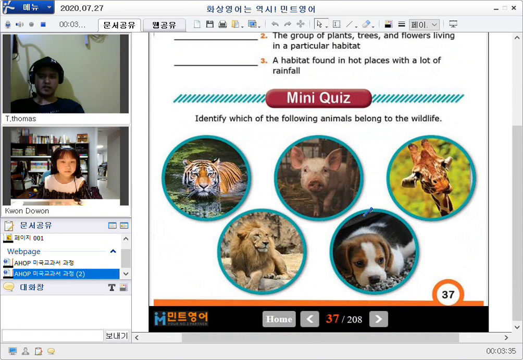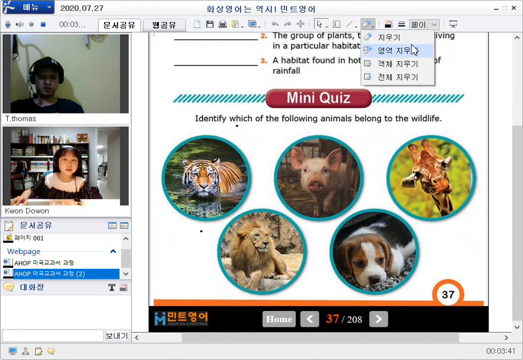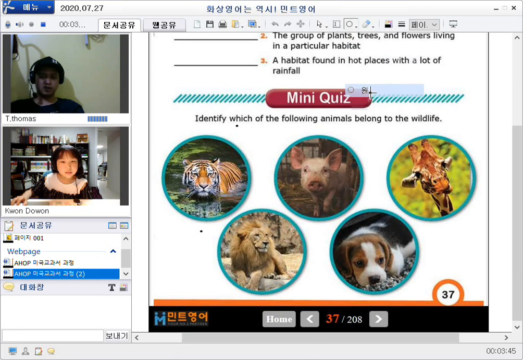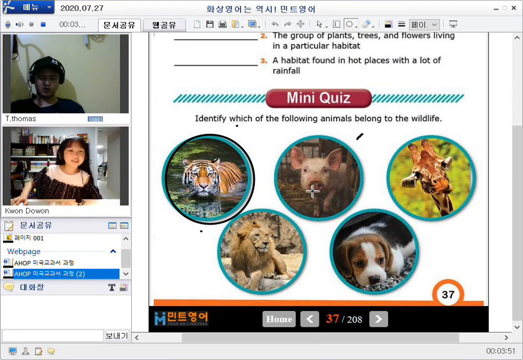Now, identify which of the following animals belong to the wildlife. Tiger. Yes. What about the pig? Oh, I'm sure it's in the wildlife as well. No. Why? Because this pig is living in the garage.